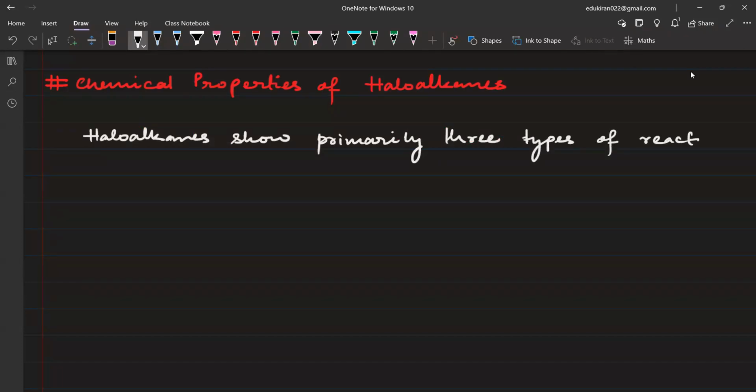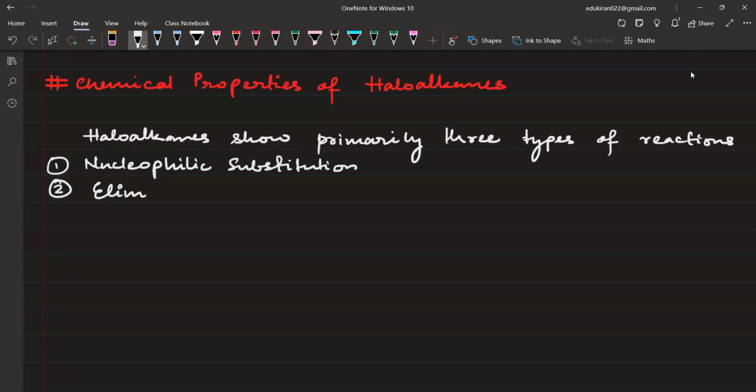Not three reactions, three types of reactions. The first one is nucleophilic substitution. The second one is elimination reaction. Third is reaction with metals.